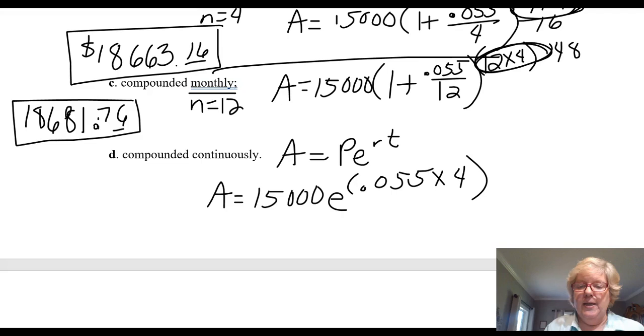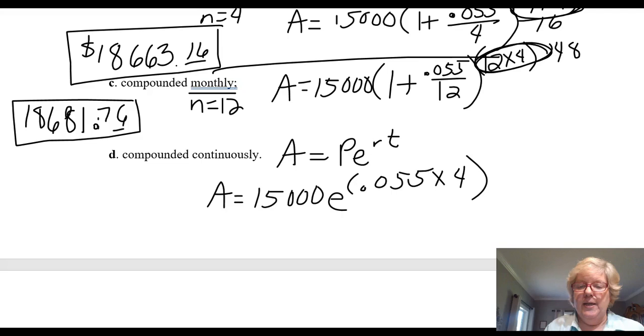Now on my TI calculator, I have to hit the second function, and then I have to hit the LN key to actually get that to come up on the screen.